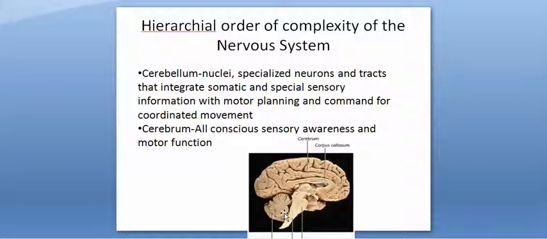It's groupings of nuclei, which are those neural cell bodies, and then specialized neurons and tracts that integrate somatic sensory information from the body, and special sensory information. Remember, that's taste, touch, sight, smell, and hearing. This is with motor planning, which is the ability to move, and commanding coordinated movement. So the ability to ambulate, which is walk, fluidly, be able to dance, remember motor patterns like shooting a basketball or swimming.